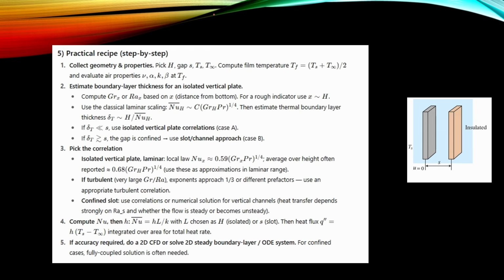Here is some kind of guideline how we can solve this kind of problem. First we need to calculate our film temperature, and then we need to check the boundary layer thickness, so that we can say is our case a so-called isolated vertical plate case or is it a so-called confined case?